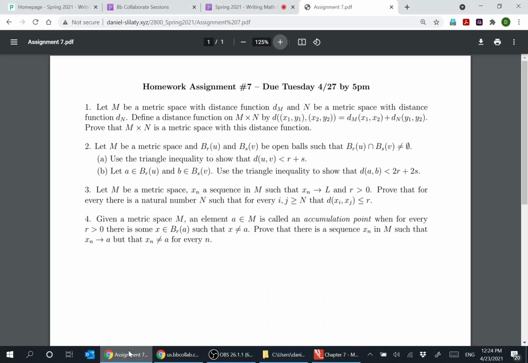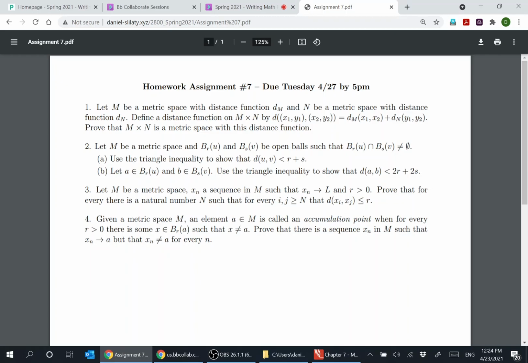breaking the distance function for M cross N down to its constituent parts using the distance function for M and the distance function for N. The distance function for M cross N is defined as the sum of the distance function in M plus the distance function in N, and those functions, by assumption, satisfy properties 1, 2, 3, 4.